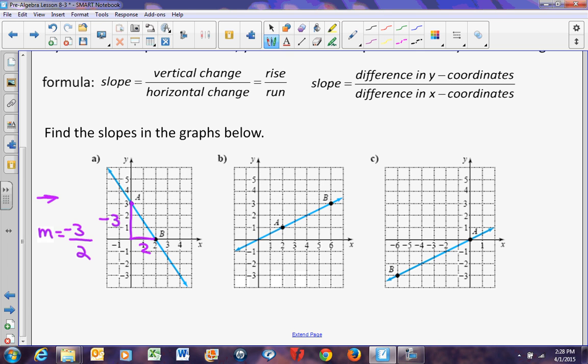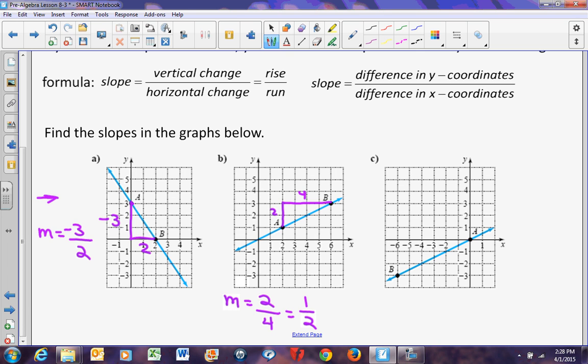If we look at our second graph, as we're walking along the graph, we get to point A first. We're going to go up 2 units, and we're going to go to the right, it looks like 4 units before we get to point B. So the slope here would be rise, which is 2, over run, which is 4, which you reduce to 1 over 2. You never change slope to a mixed number. You never use it as a decimal.